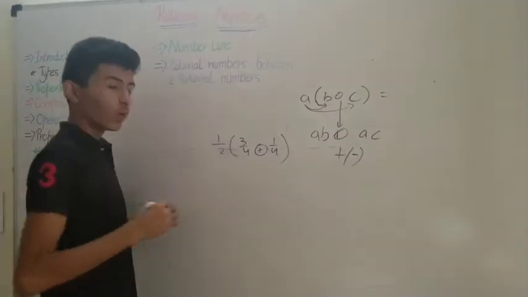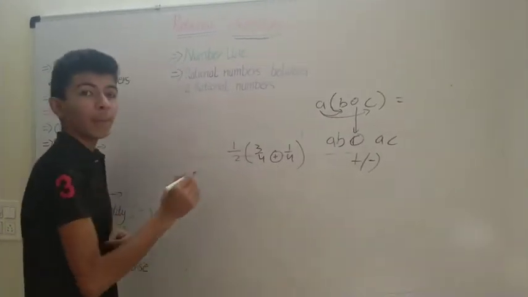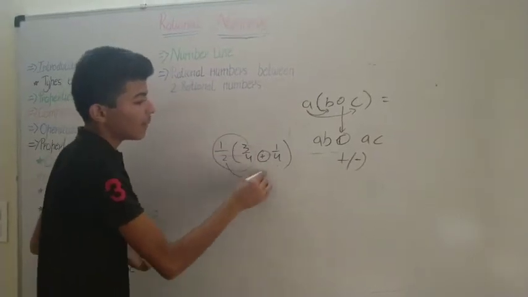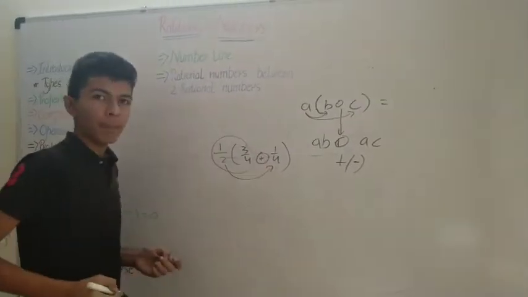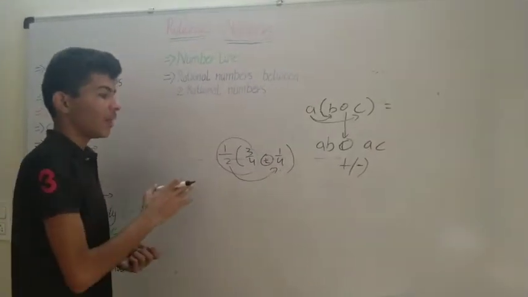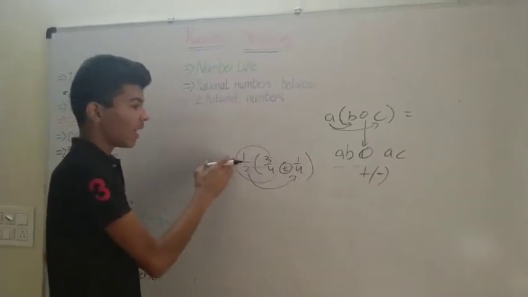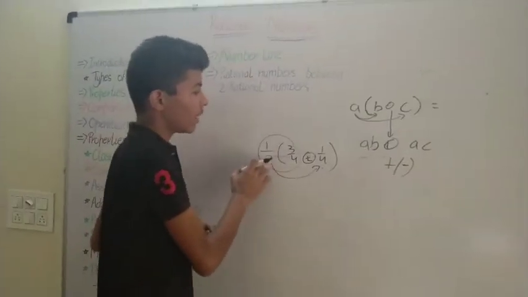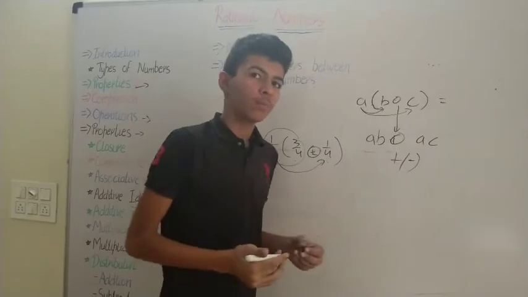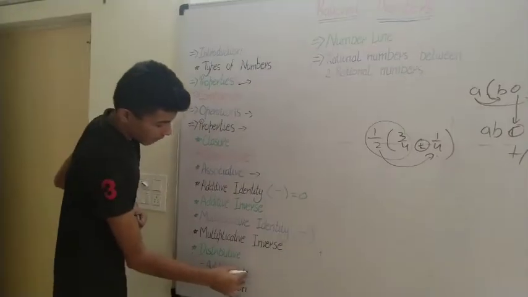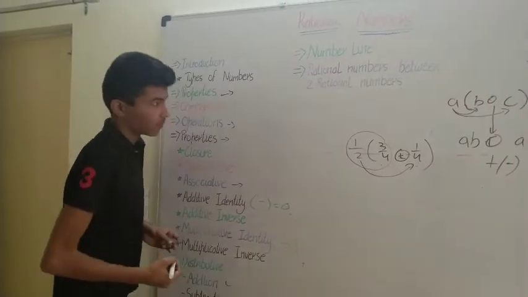Simply you can add them and multiply, but you can also first multiply these terms and then add both of them. If there is a subtraction between them, you multiply 1 by 2 with 3 by 4, and then subtract 1 by 2 multiplied by 1 by 4. So the distributive property is applicable for addition and subtraction.